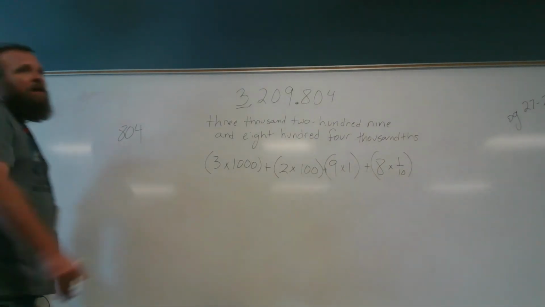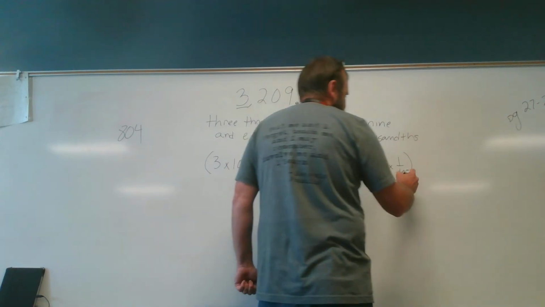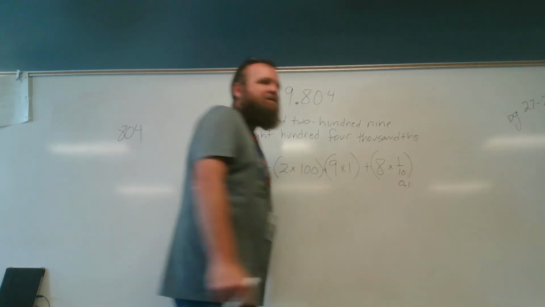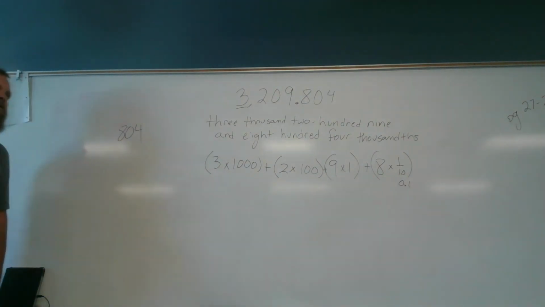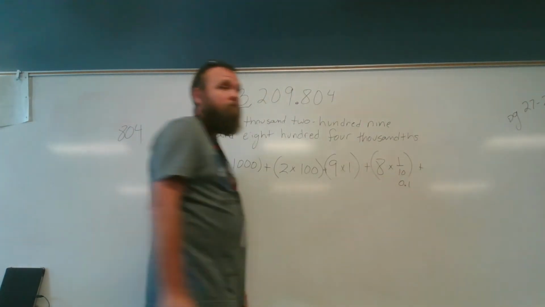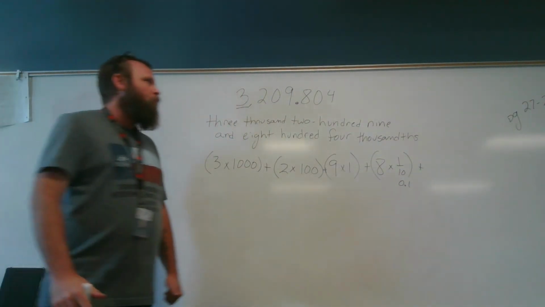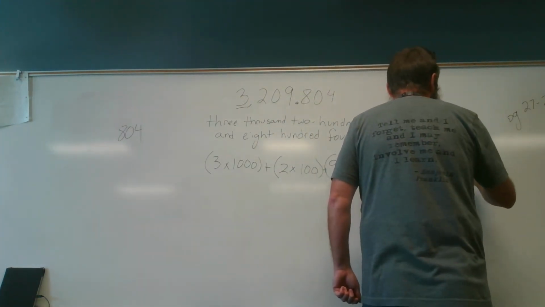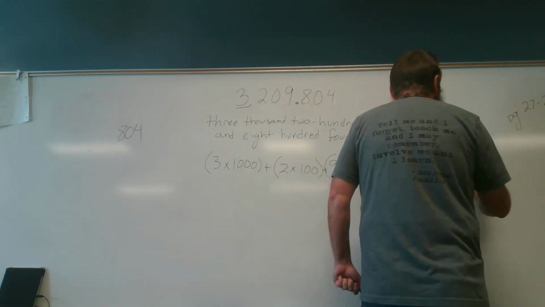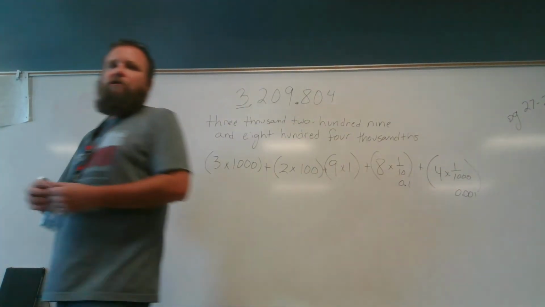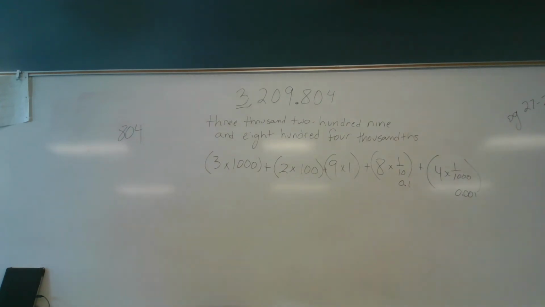So you might see 8 times 1/10 as a fraction, or 8 times 0.1 as a decimal. So what's next, Ryan? 4 times 1/1,000. Good. And again, you may see it written as a fraction or a decimal. You need to know both ways.